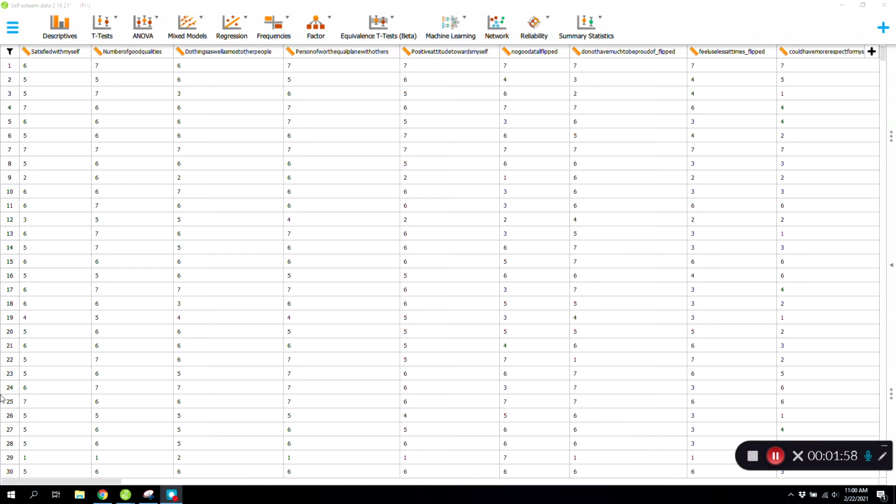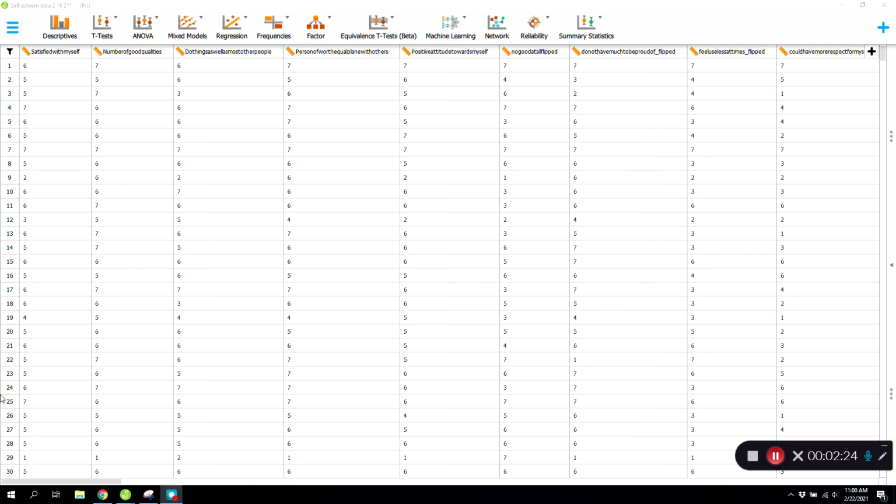What JASP or other statistical software does is look at all these dots and start looking for patterns, like as all these people answered the 15 statement items that we created in our class. We created 15 items that we hoped would measure self-esteem. JASP is looking for all the similar patterns in answering.